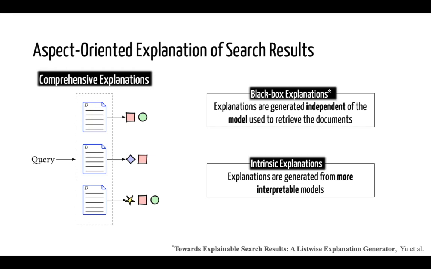Another way is intrinsic explanations, where explanations can be generated from the model itself. When we want to generate explanations from the model itself, we need to design search models in a way that they are more interpretable, so that we can use that property to generate explanations intrinsically.